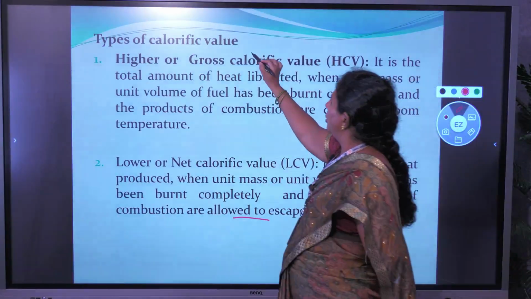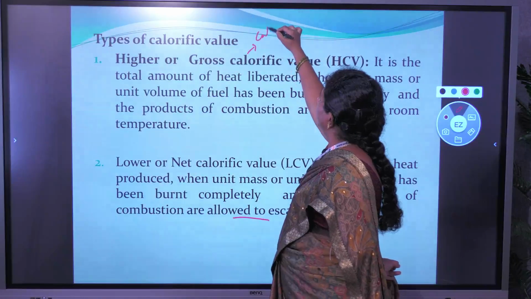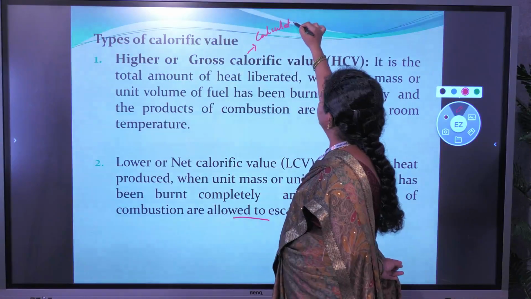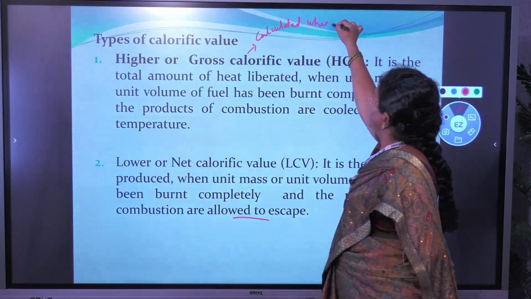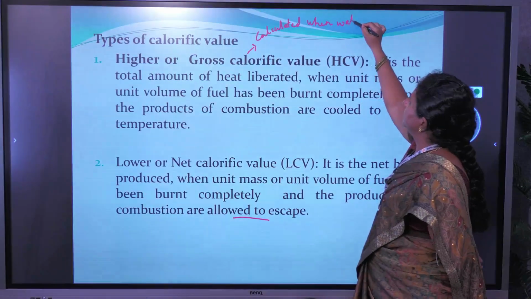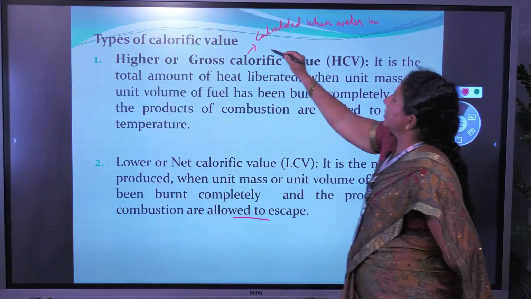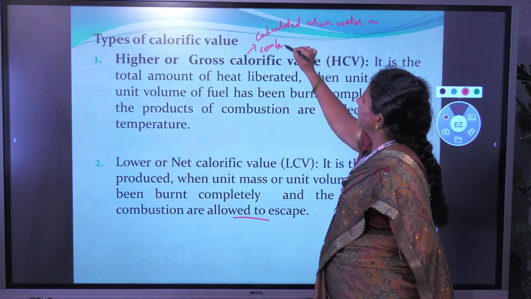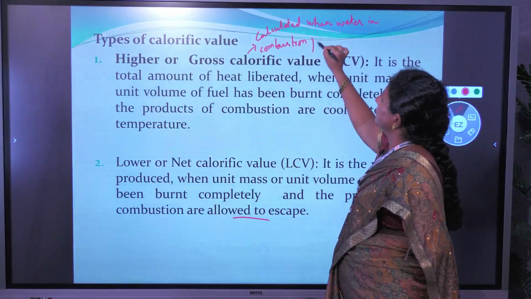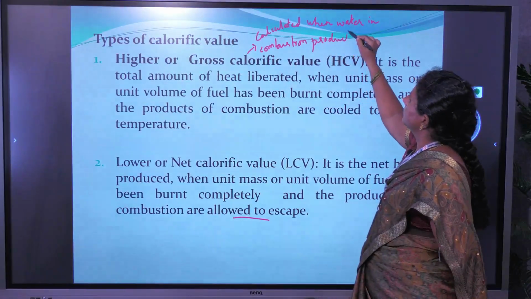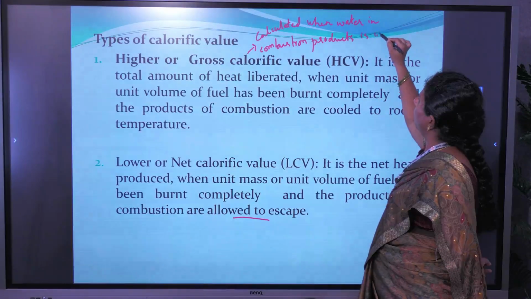So here gross calorific value is calculated when water in combustion products is in liquid form.